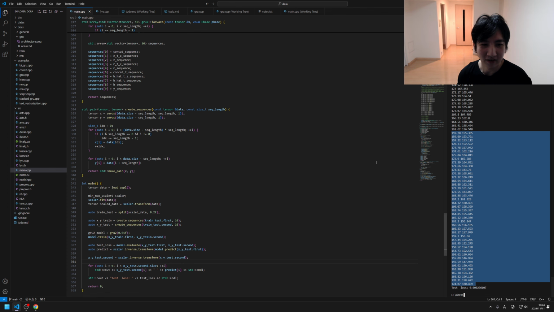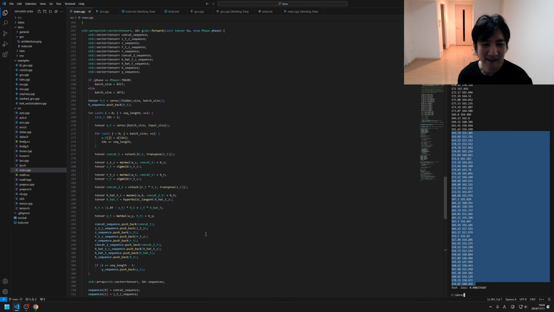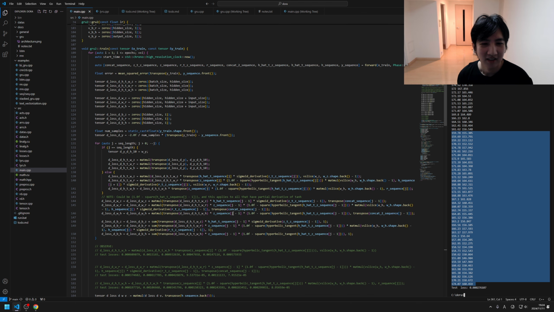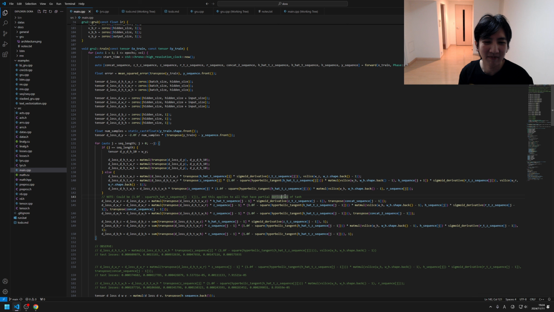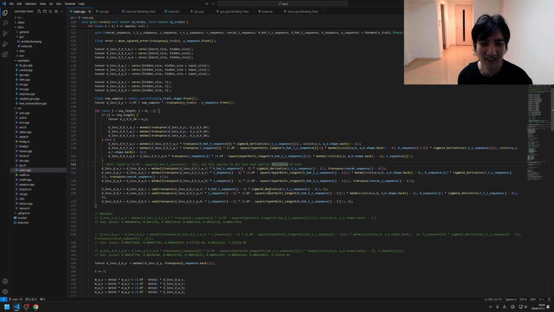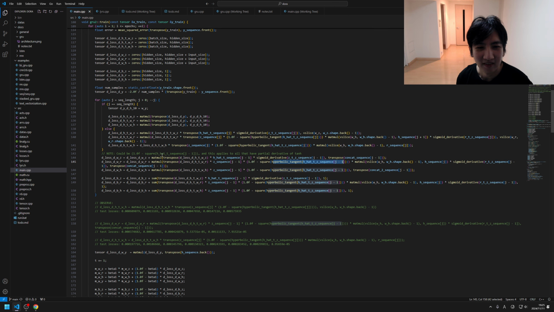So in my opinion, it's definitely faster than LSTM, because it has fewer parameters and fewer gates. And there's some optimization I could do, like this is hyperbolic, here I could just write candidate.